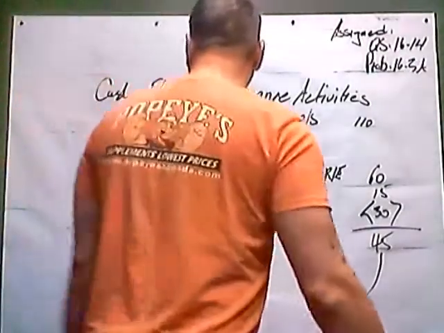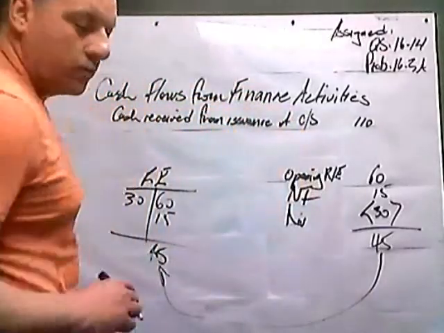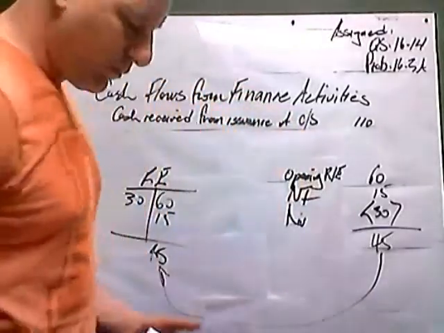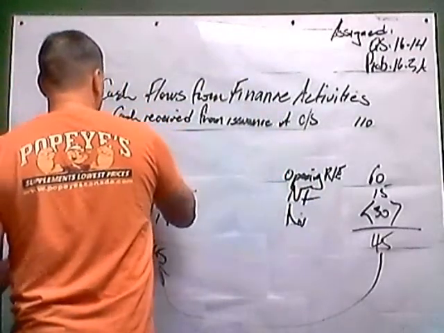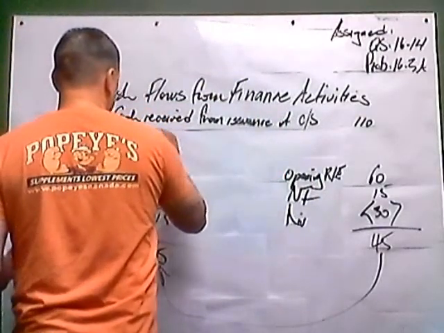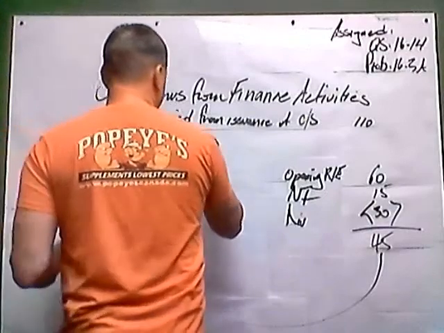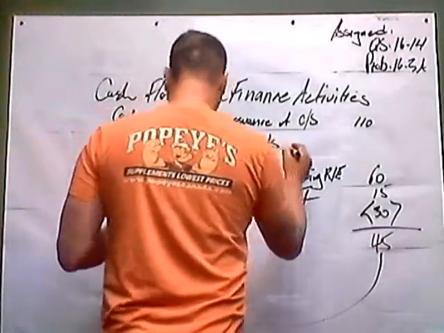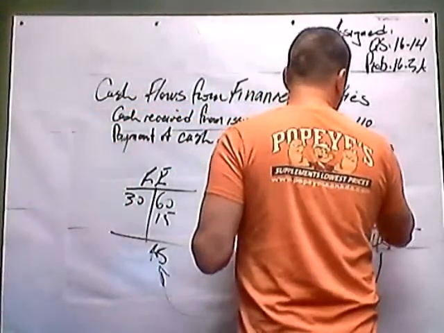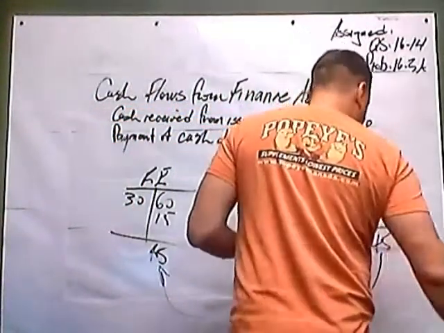So as a result, we know that we have payment of cash dividends, $30.